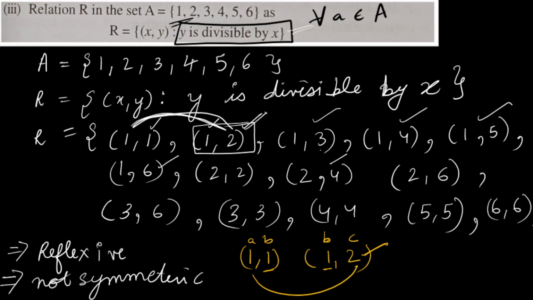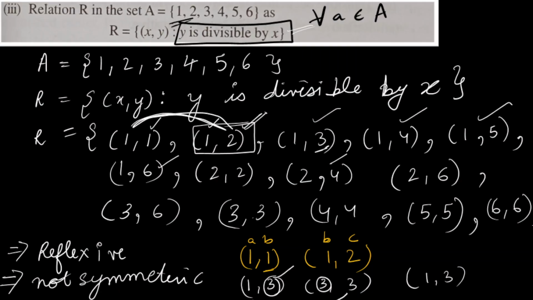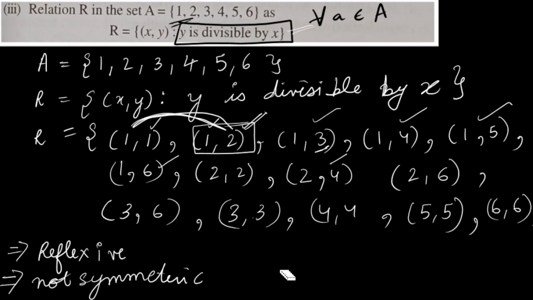Now you have to check if something is ending with 3. I can see here I have 1 comma 3 and 3 comma 3. This is ending with 3, this is starting with 3, so I should have 1 comma 3, which is already present. Now with 4 I have to see. For all these types of elements I have to check.